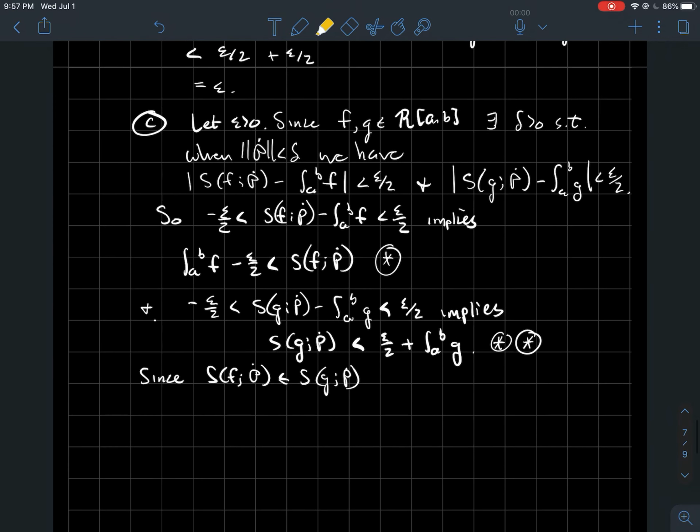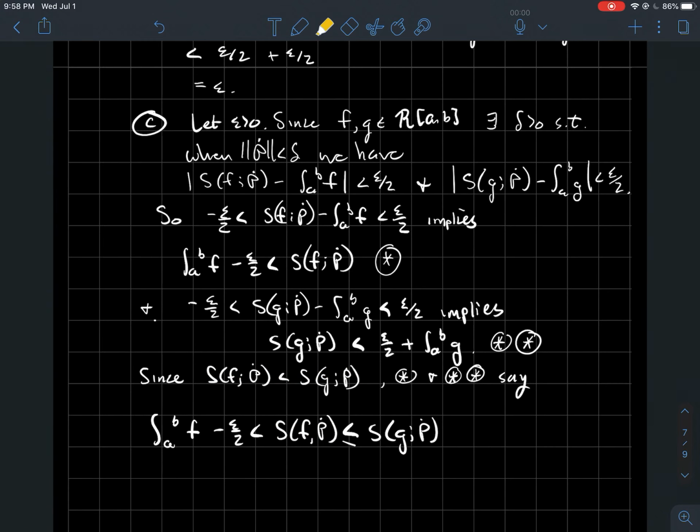So the Riemann sum of f is less than or equal to the Riemann sum of g. Therefore, by star and double star, here's what star says. But now this should be less than or equal to the Riemann sum of g. But what do I know about that? I know by double star that is less than epsilon over 2 plus the integral of g.